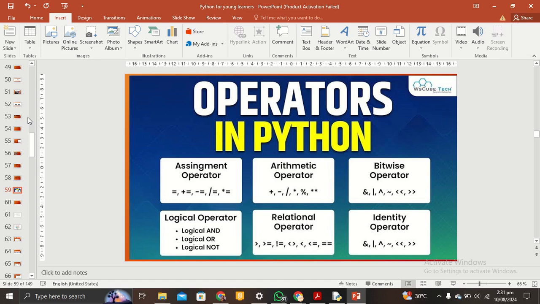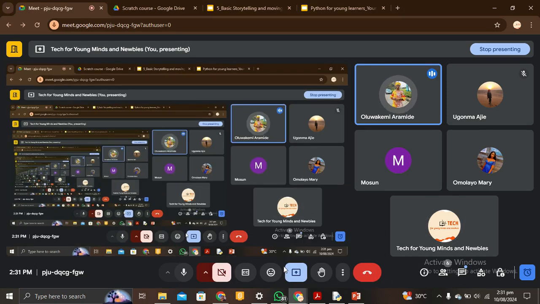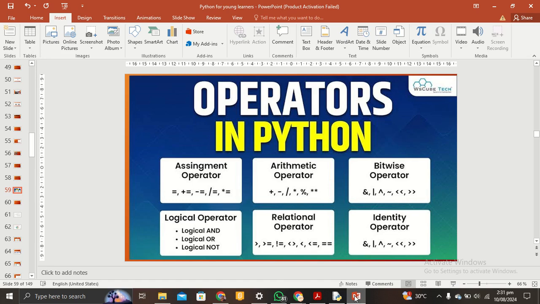Kendi, give me an example of the operators you know. Assignment operator, because you saw it on my screen. Okay, I know assignment operator and arithmetic operator. Okay. Now mute your mic, and let's start the class.